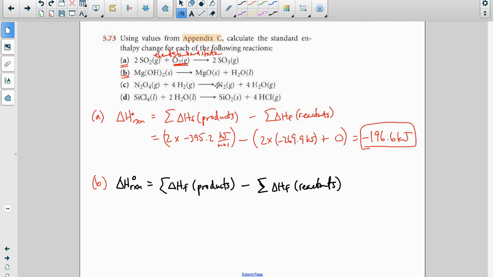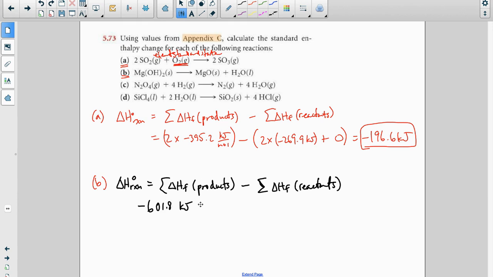So looking up our values in our table, we need 1 mole of MgO this time. So the heat of formation for MgO is minus 601.8 kilojoules.